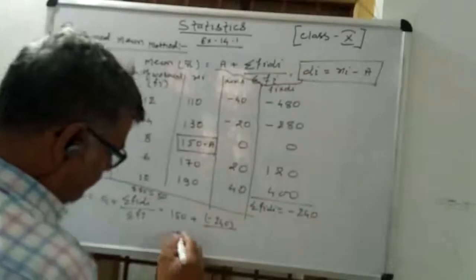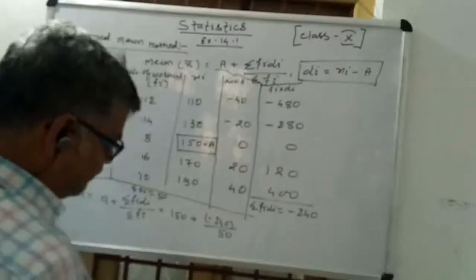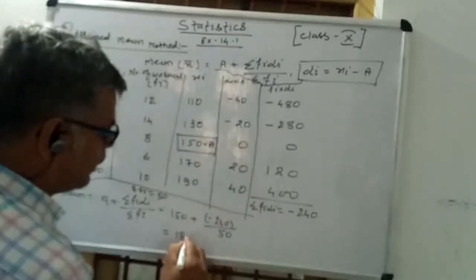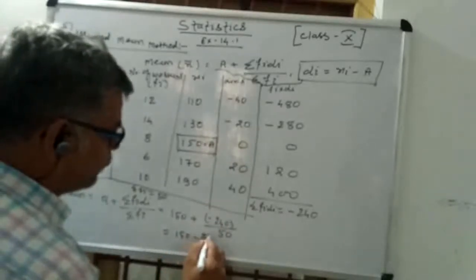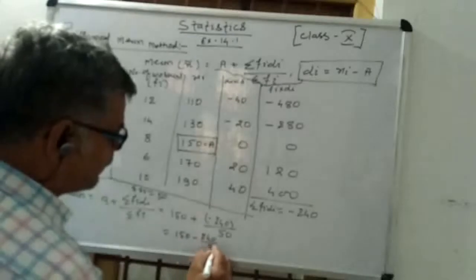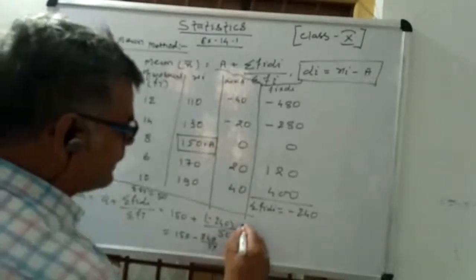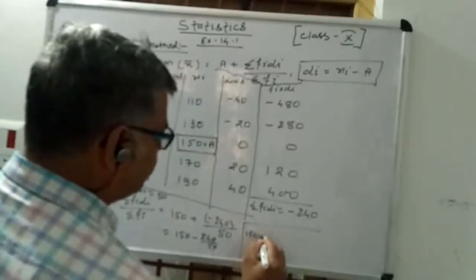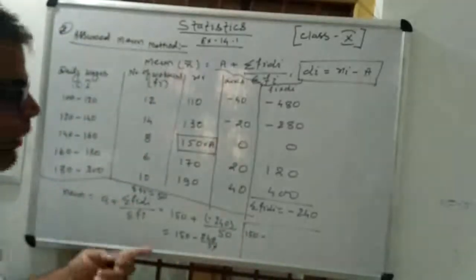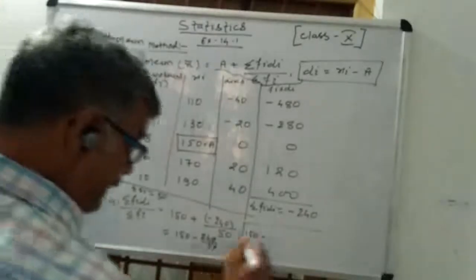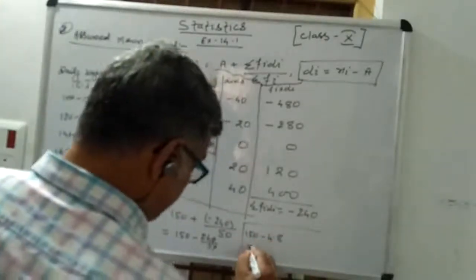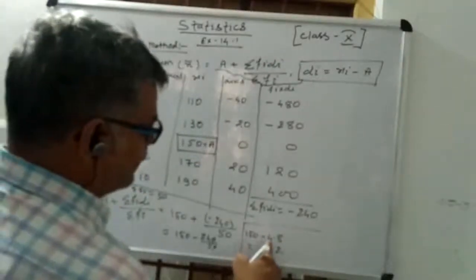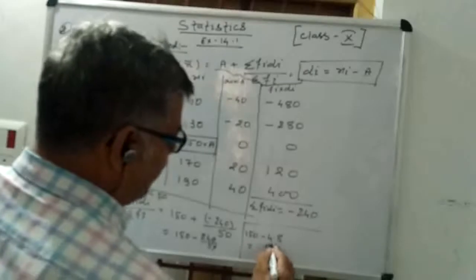So this is divided by 50. The plus and minus will become minus, so we have 150 minus 240 by 50. The 0 gets cancelled, and on solving we have 150 minus 48 by 10, that is 4.8.